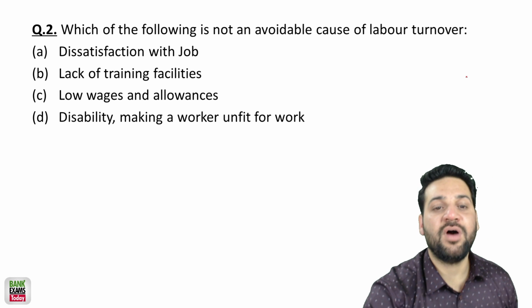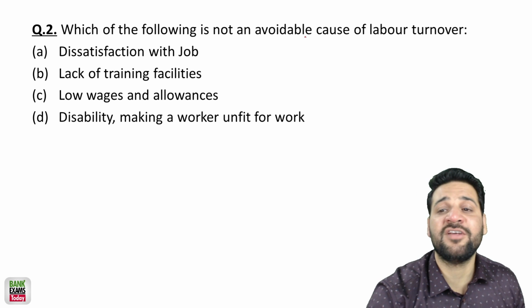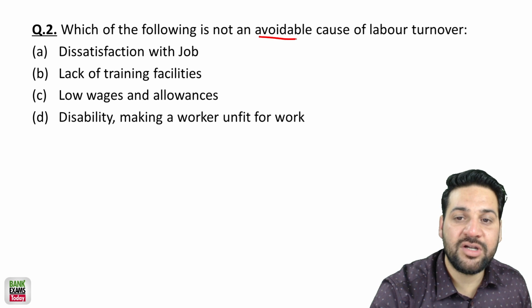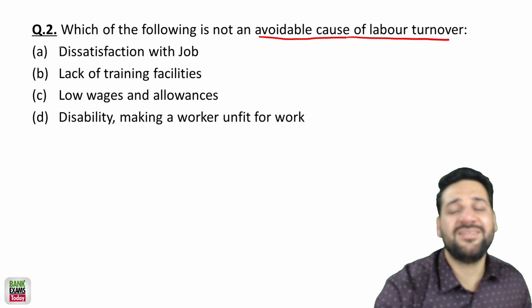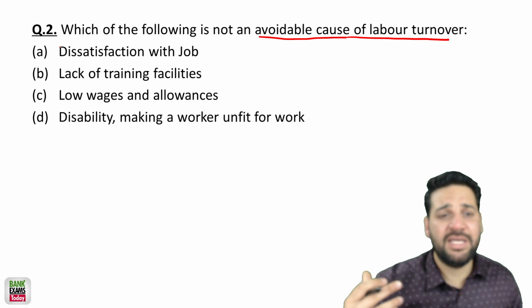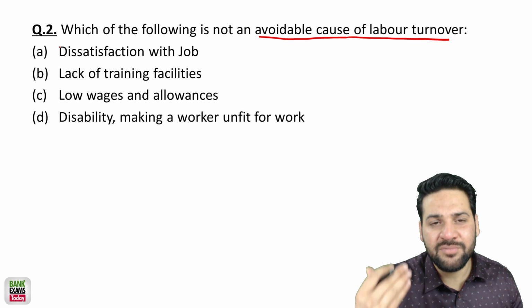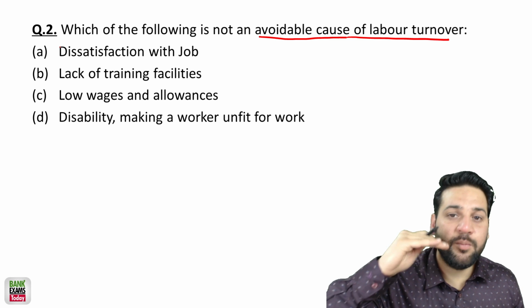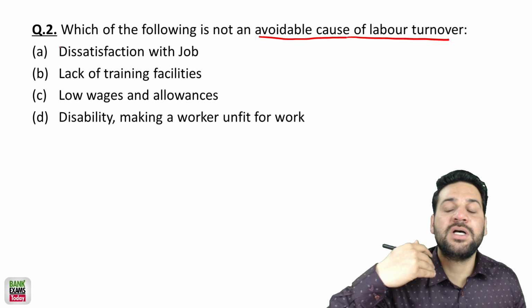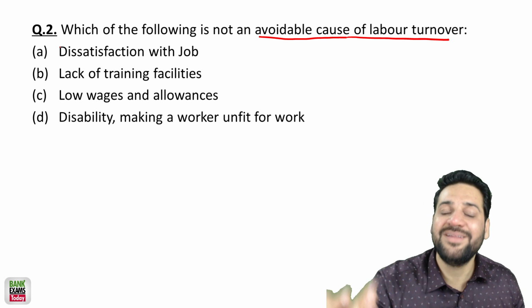Okay, which of the following is not an avoidable cause of labor turnover? If an employee is dissatisfied, obviously he's going to leave the job, but you can provide him satisfaction with the help of monetary and non-monetary incentives. If you are giving him more salary, if you are giving him better non-monetary compensation, he'll be satisfied.